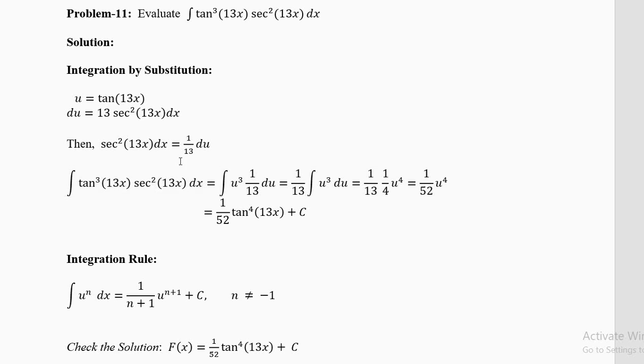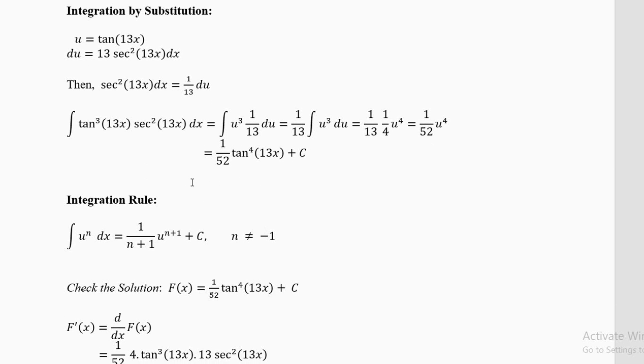Now we have to make this substitution. You'll get u cube into 1 over 13 du. 1 over 13 will come out. The integration of u cube is 1 over 4 u power 4. 13 into 4 is 52. So you'll get 1 over 52 u power 4. And how much is u? u equal to tangent 13x.